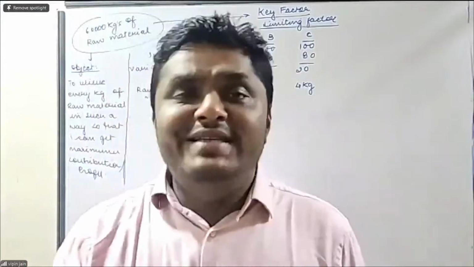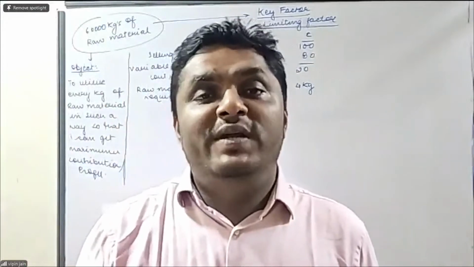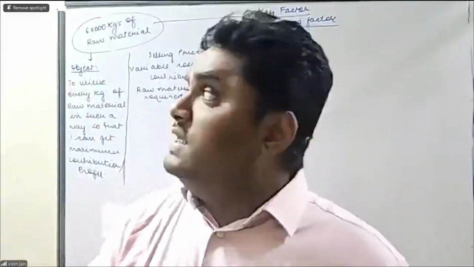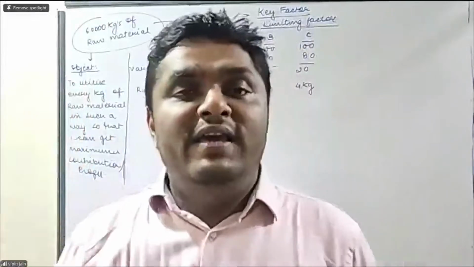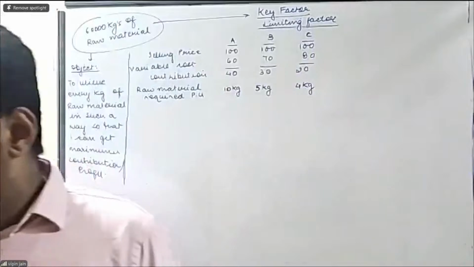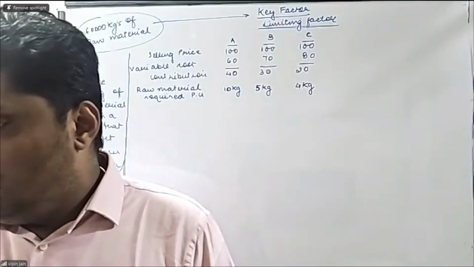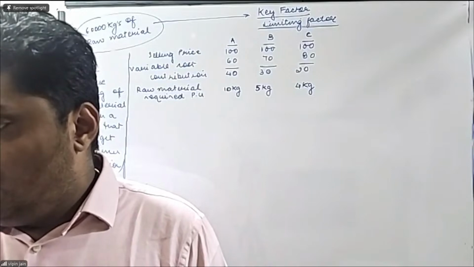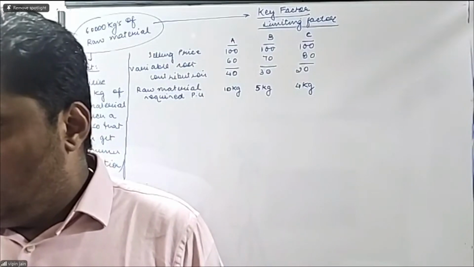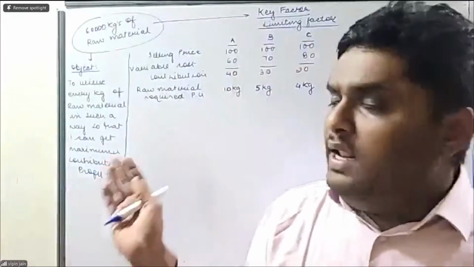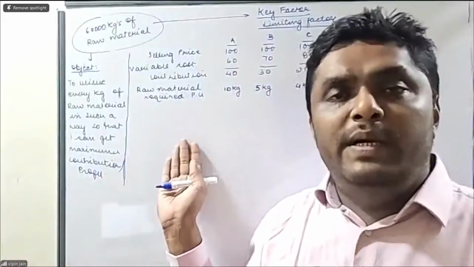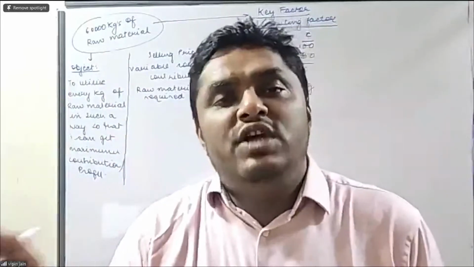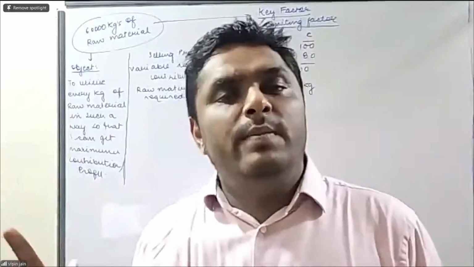So now can you guys tell me which product is most profitable for the company, assuming that raw material is my key factor? Here my raw material is available in very limited quantity. So my object is to utilize this raw material in such a way so that I can get the maximum benefit.